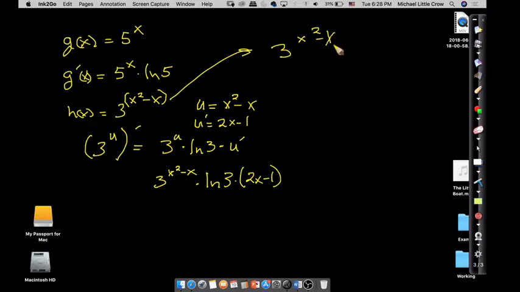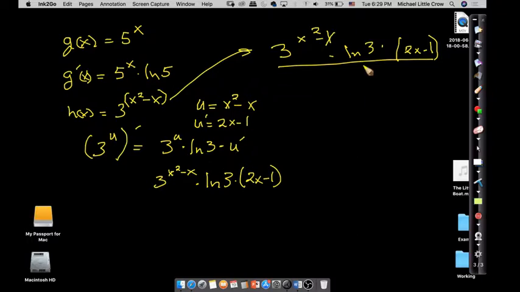So we just rewrite what we had. We know that when we take the derivative, if the base is not e, we do the natural log of the base, which is 3. And then we just take the derivative of the exponent, which is 2x minus 1. Okay, notice it's the same answer.